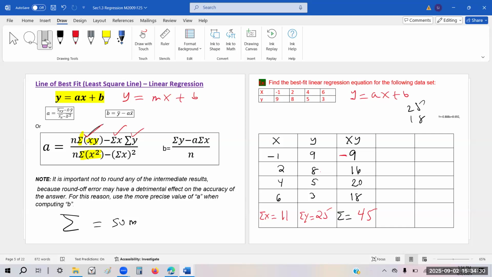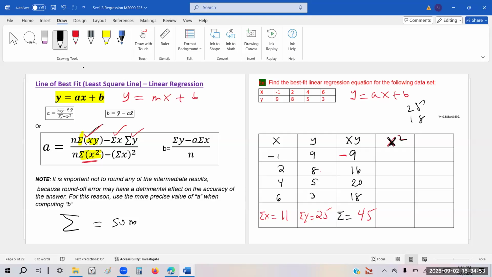So we go to the denominator. It says now find sum of x squared. That means you need to square each quantity, right? So our fourth column is for x squared. We multiply every x.